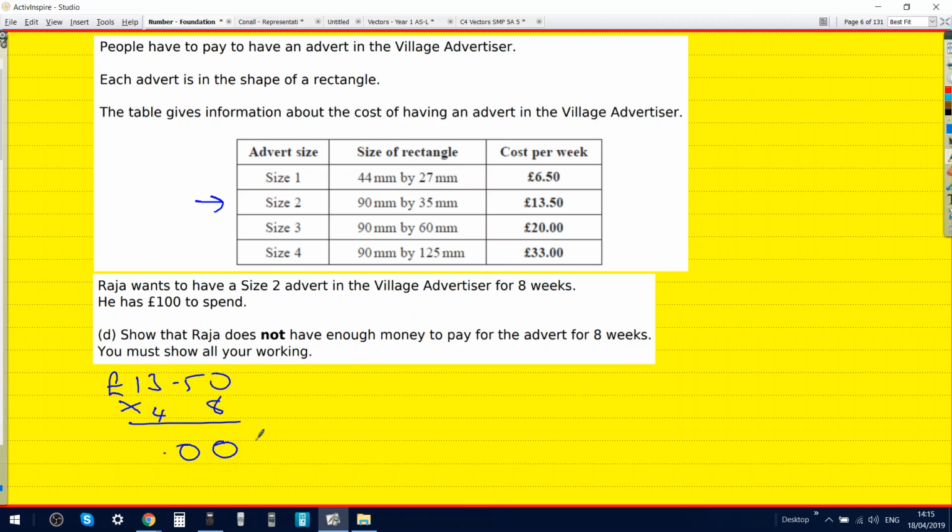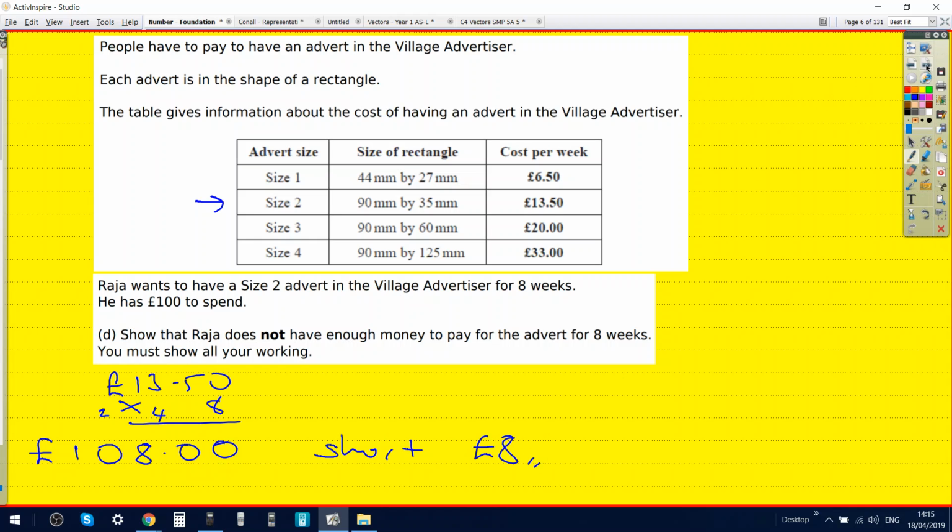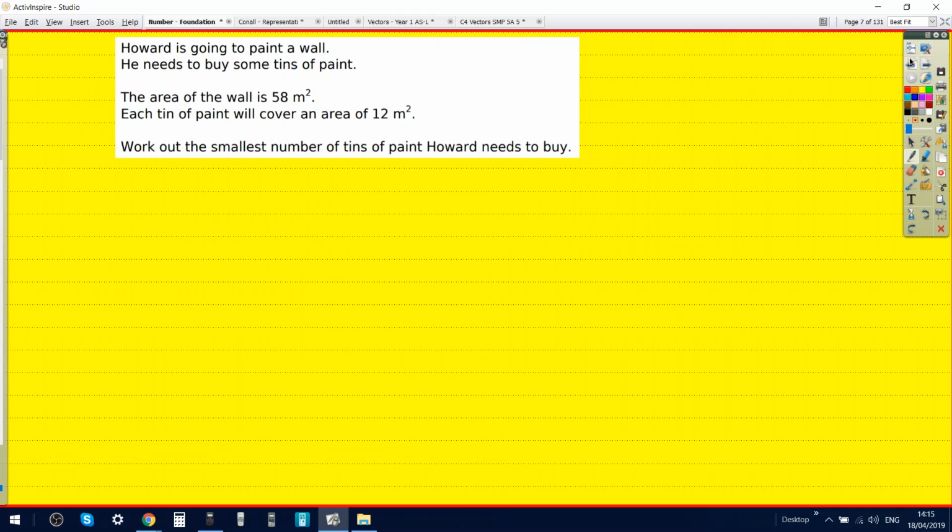So 8 times 3 is 24. That's another 4. 28. And then 8 times 1 is 8, plus 2, so that's 10. So 108. So it's over £100. They said they wanted us to show it, so we showed it.